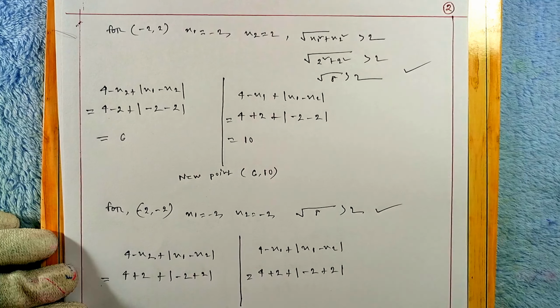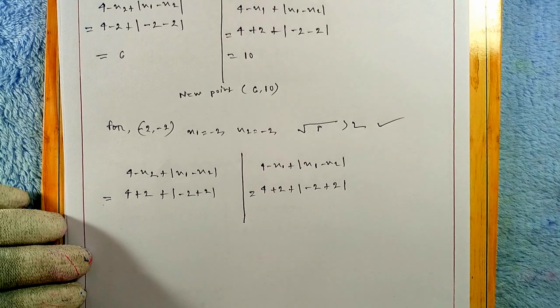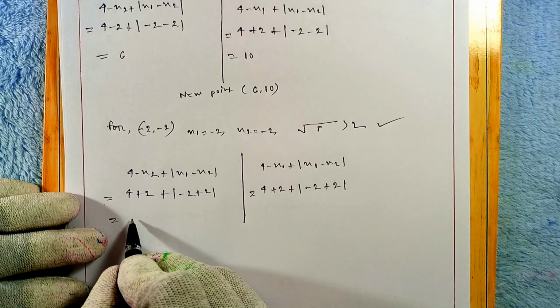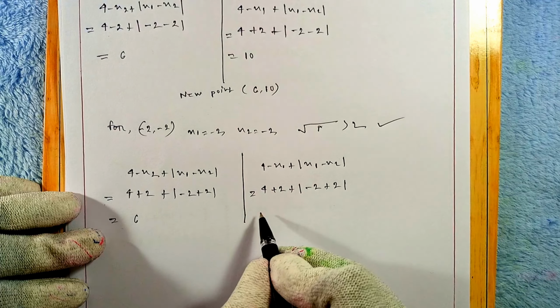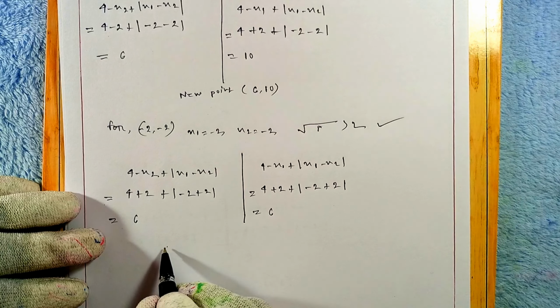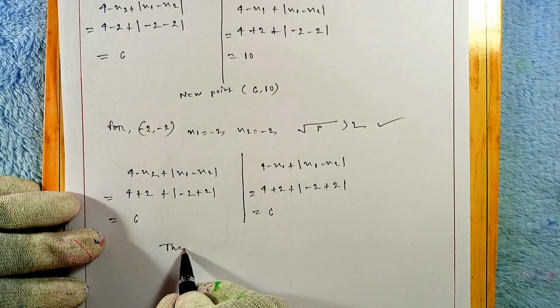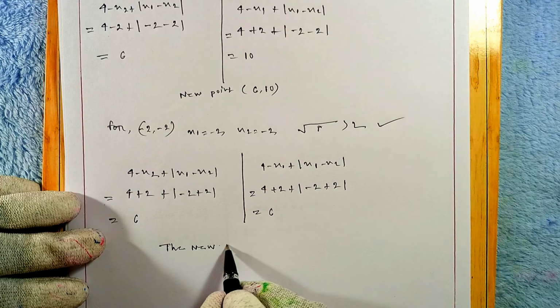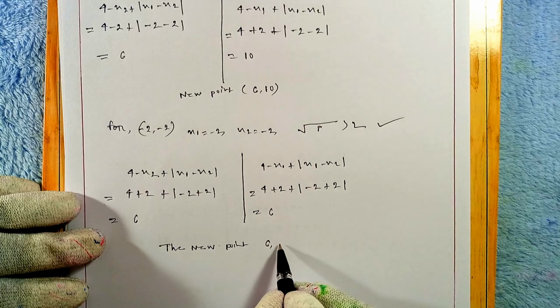Okay. So the value will be 6 and here will be 6. So the new point will be 6 and 6.